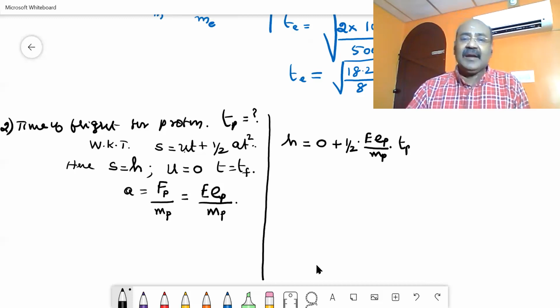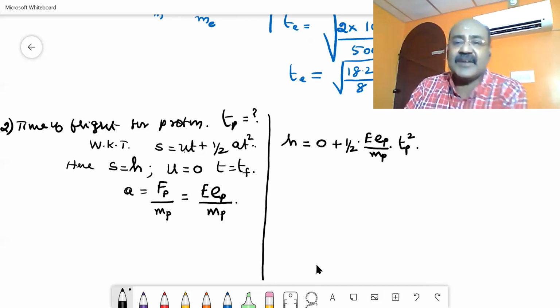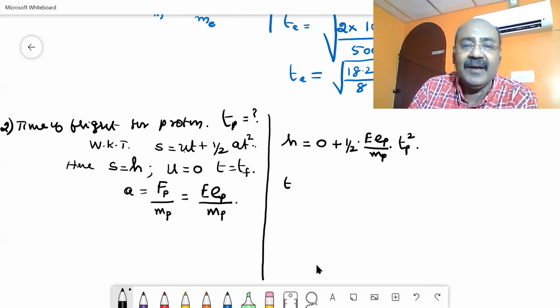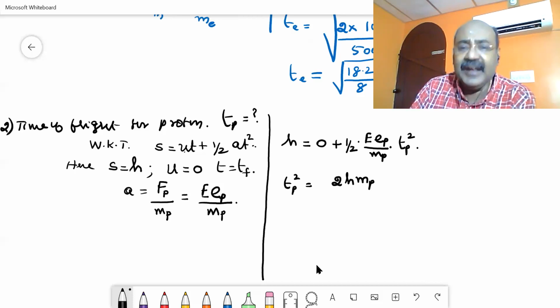On simplifying, Tp square is equal to, cross multiplying, 2h times the mass of the proton divided by the electrical field E into the charge of the proton.